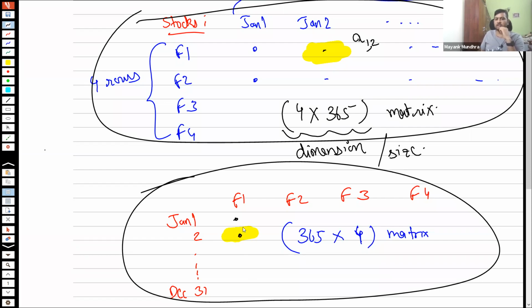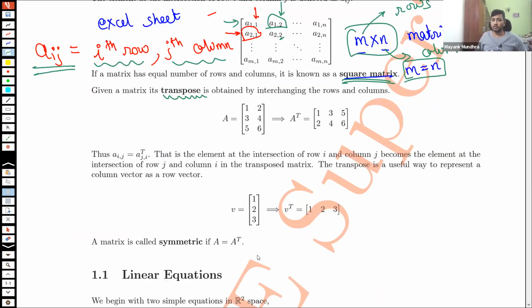Right, so Jan 1, Jan 2. So firm 1 stock value on 2nd of January will now be here, which is basically A21. So the number which was earlier in position A12 will now be in position A21. All right, so a transpose is just obtained by interchanging rows and columns.